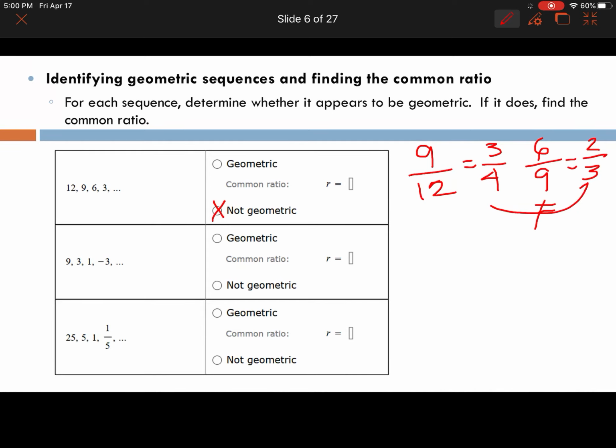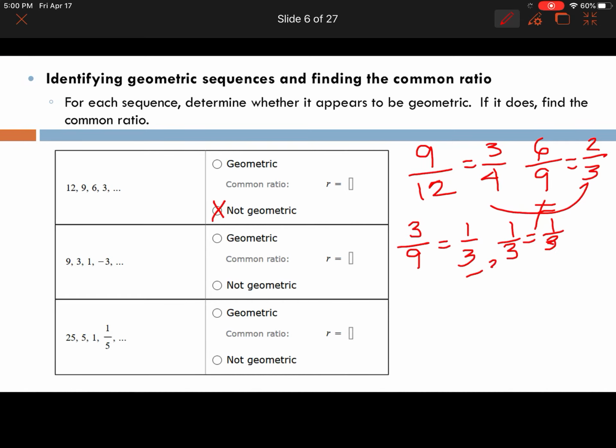All right, let's try the next one. If I do 3 divided by 9, that's going to simplify to be 1/3. And if I do 1 divided by 3, that's going to simplify to be 1/3. Well, same thing, so it's looking pretty good.